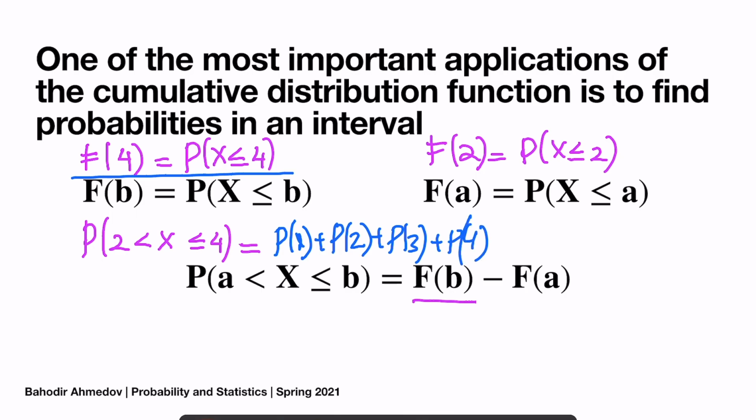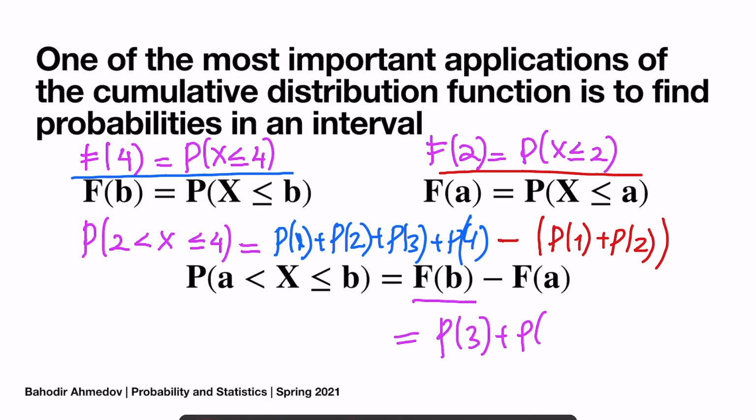It is the sum of all of the probabilities from 1 to 4. And what is going to be F of 2? It is going to be the sum of all of the probabilities until 2, right? P of 1 plus P of 2. And obviously, you are going to subtract, and what you get here is simply P of 3 plus P of 4. And this is what we want to define, right?